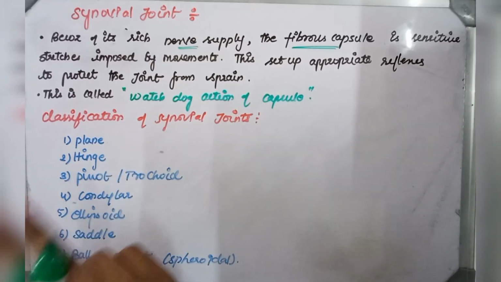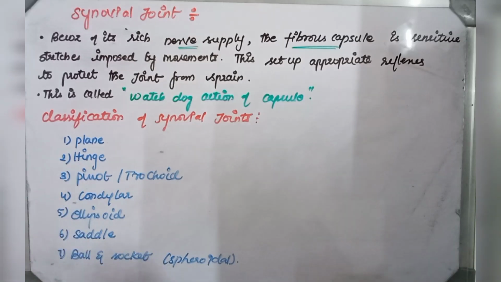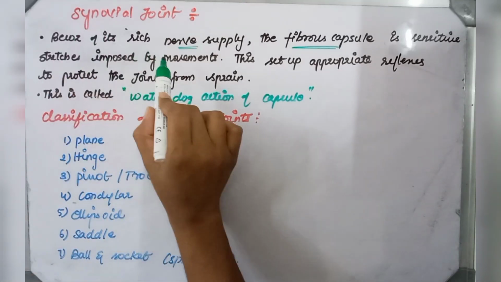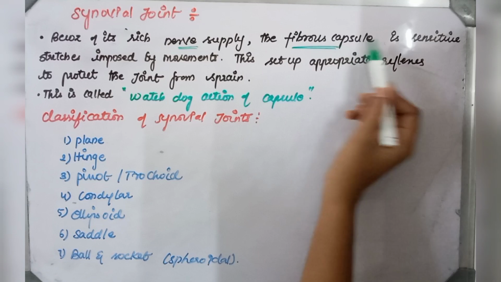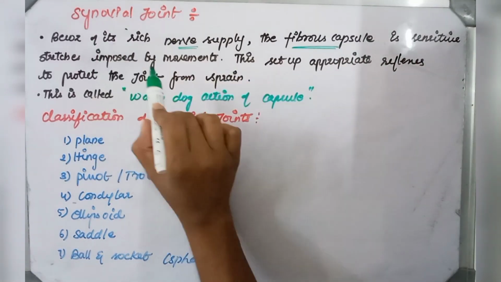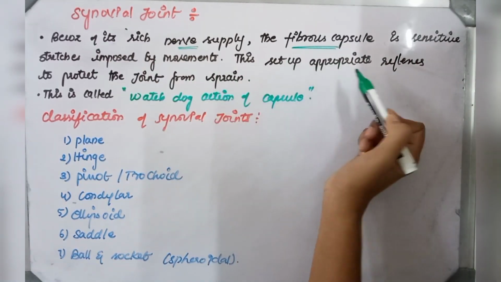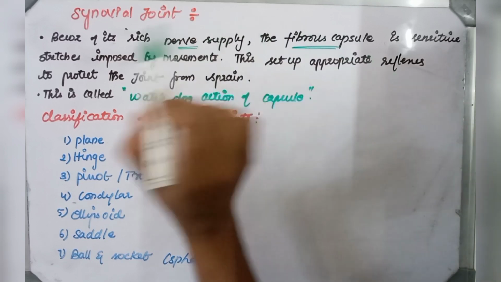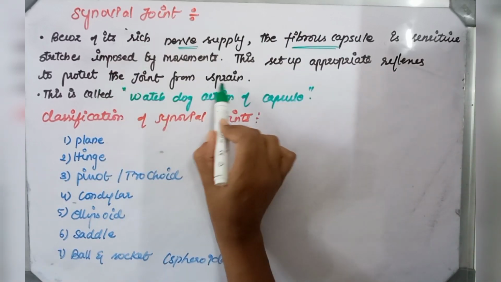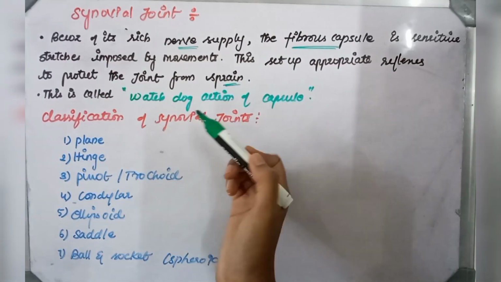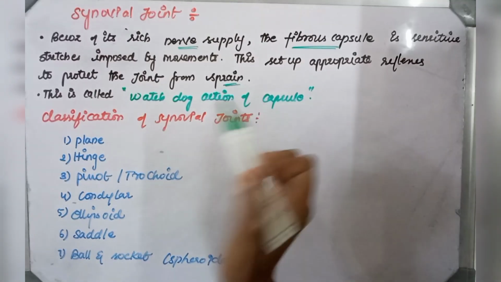This is called the watchdog action of capsules. Because of its rich nerve supply, the fibrous capsule is sensitive to stretches imposed by movements. This sets up appropriate reflexes to protect the joints from spraining. This phenomenon is called the watchdog action of the capsules.